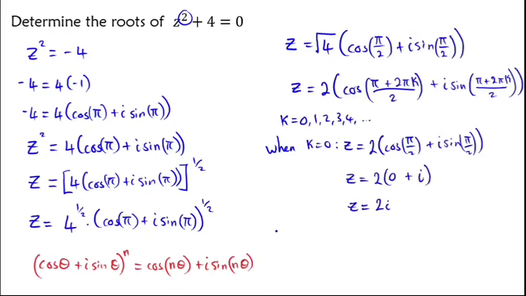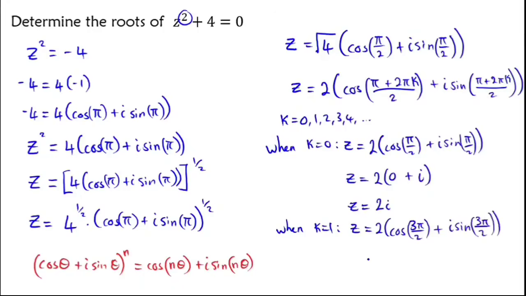So how about when k is 1? What do we get? So z will be equals to 2, open bracket, cos. If I replace k with 1, I will say pi plus 2 pi, which is 3 pi over 2, plus I sine 3 pi over 2.